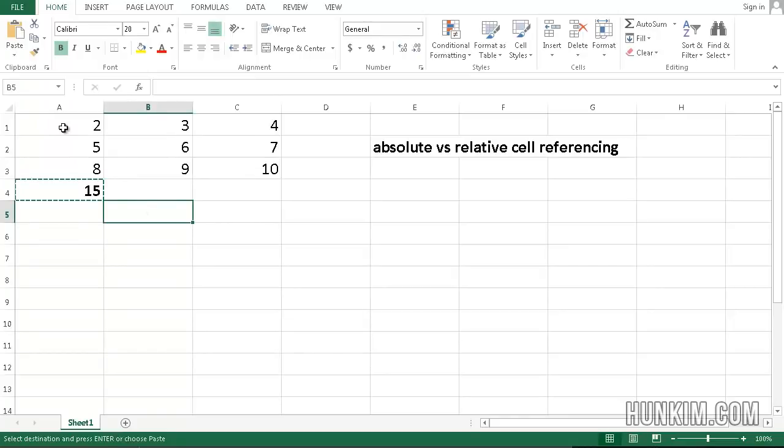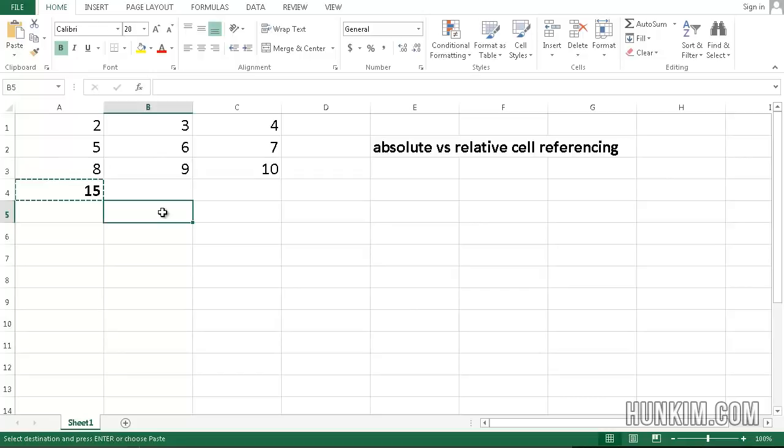Well, we know that the column is fixed, so we're always talking about numbers in this column. However, the row got shifted down by 1. So instead of adding up rows 1, 2, 3, we're going to add up rows 2, 3, 4. So these three cells, not in column B, but in column A.